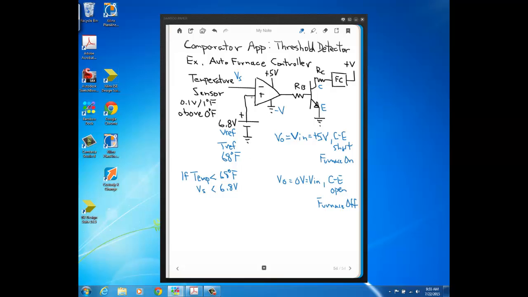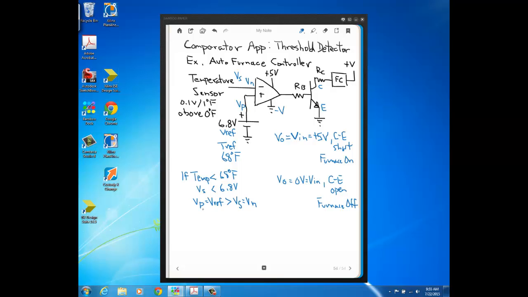So this means that the voltage on the non-inverting input, which I'll call VP, which is the same as V reference, would be greater than VS, which is the voltage on the inverting input, Vn.